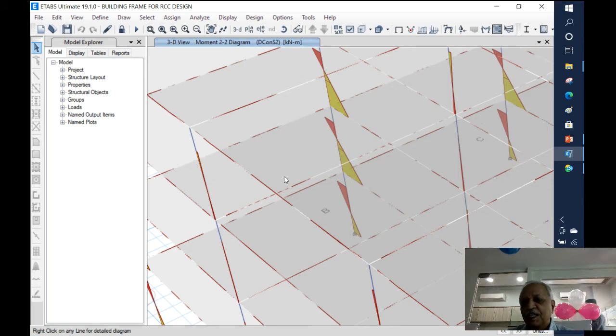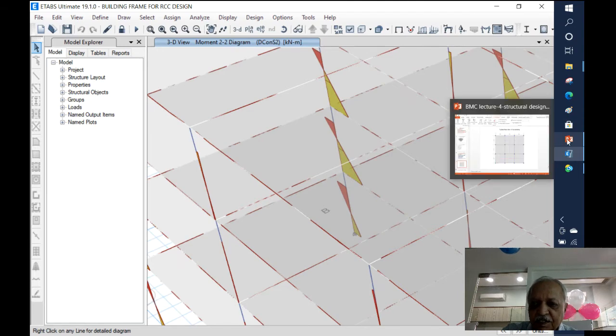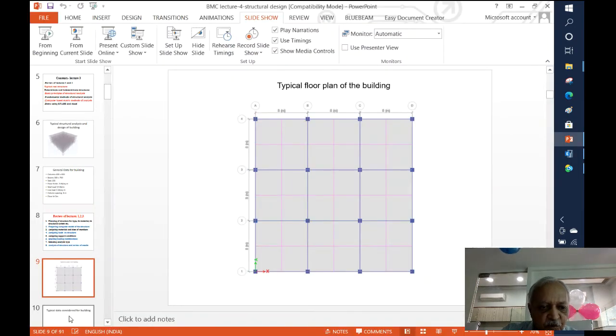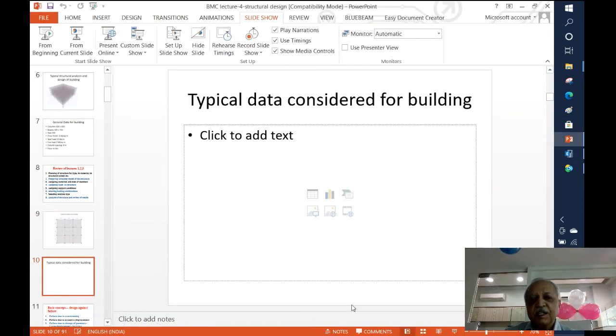So you need to design the RCC member or any structural member for that purpose to resist these 4 types of forces. The design is to be carried out, therefore we say, for resisting these internal forces which are developed in the given structure.